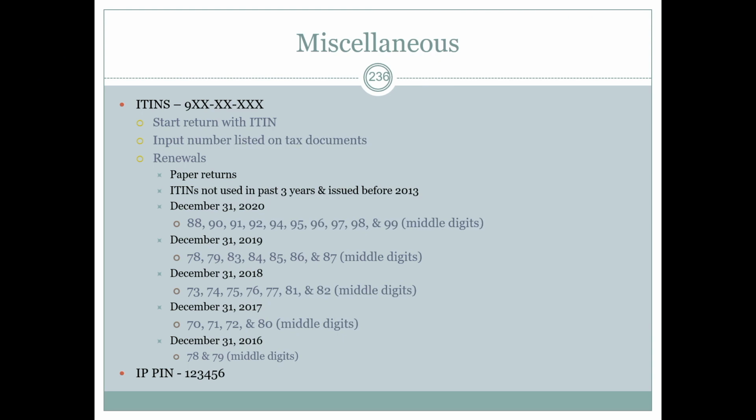Then down below, you will see it has the IP PIN number. This is for any individuals that have had tax return identity theft, and the IRS has determined that they need to issue them a PIN. This PIN is required to be input into TaxSlayer in order for that return to be electronically filed.